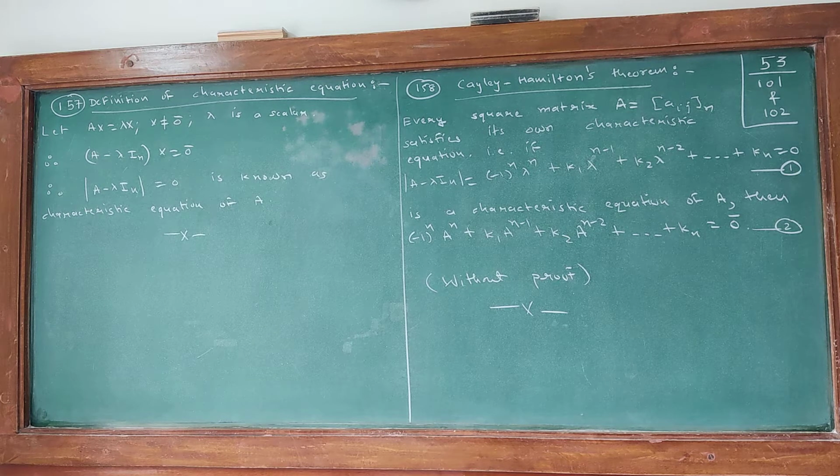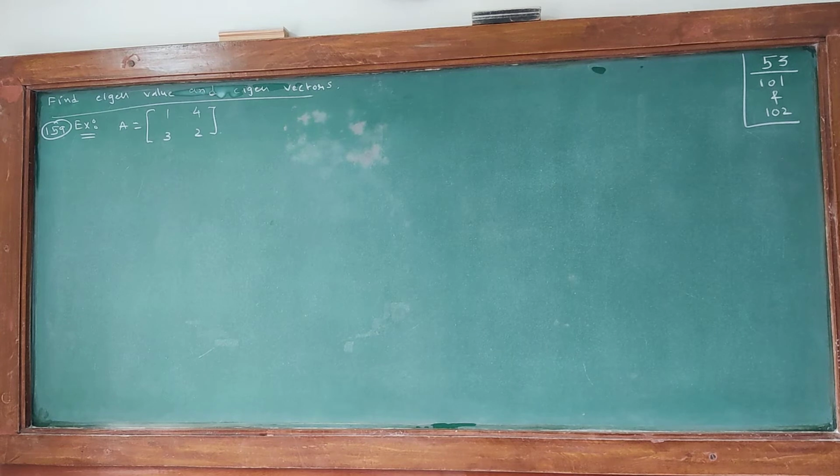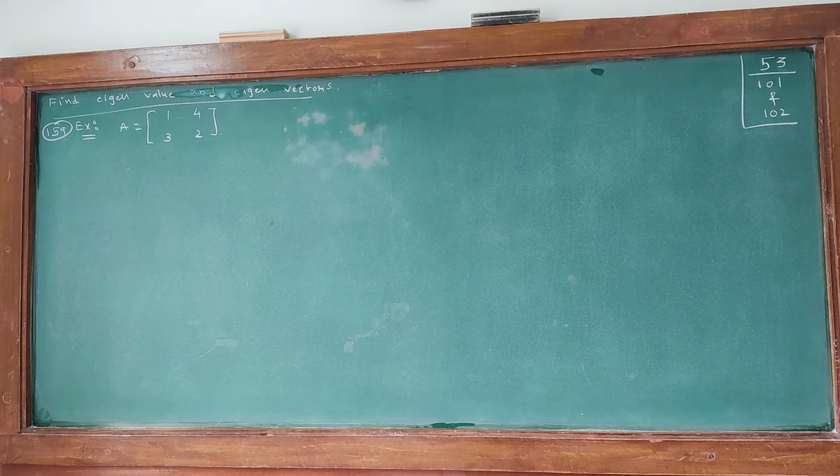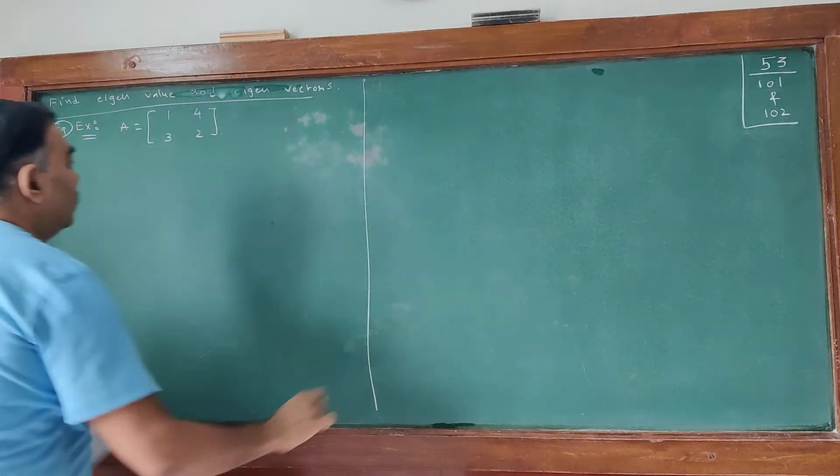In is identity matrix. So we have one sum: find eigenvalue and eigenvectors of this matrix.